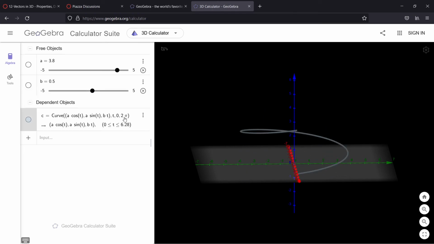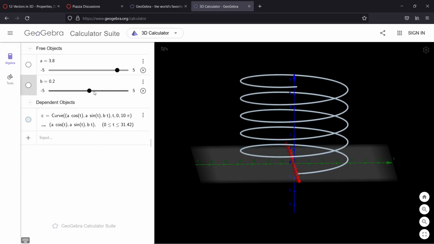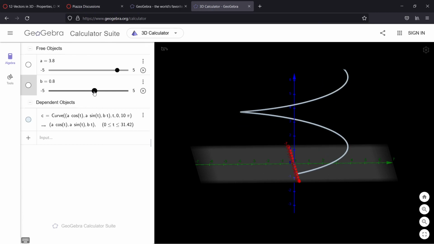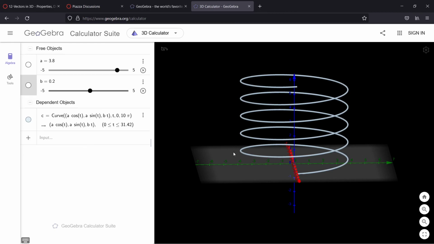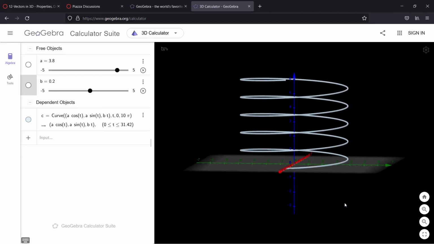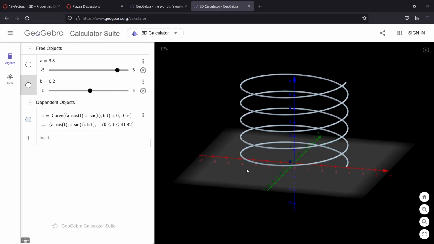And if I increase the range of the parameter value to 10 pi, you can get multiple loops of the helix. I think this is a pretty neat demonstration showing really what a parametric curve is and how, as you trace through the parameter, you get different points on the curve.